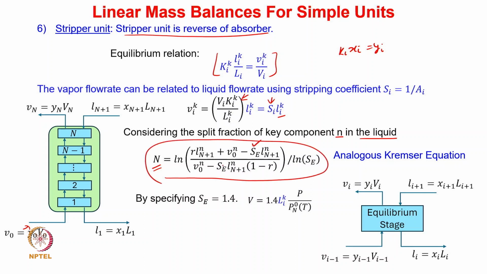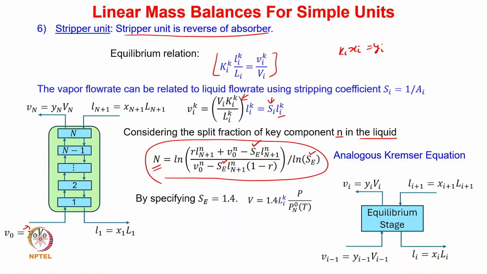Here capital N represents the minimum number of stages required in the stripping unit to have a desired splitting ratio of R.